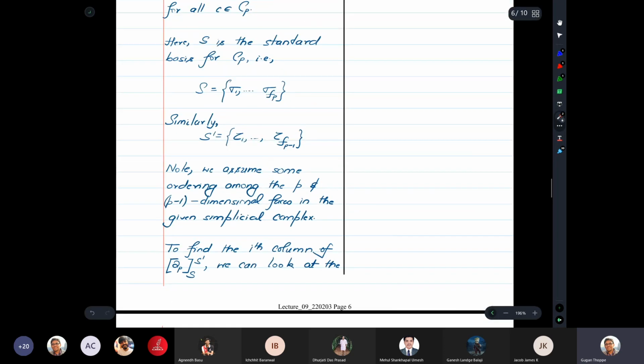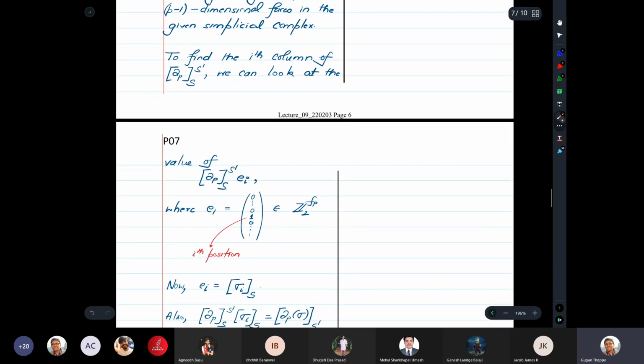All right. So now our goal is to find this matrix, right? So in order to find this matrix, I will find the individual columns of this matrix. So I want to find the ith column of this matrix. So I hope you agree that if I give you a matrix, let's say its columns are C1 all the way up till Cm, and if I want to figure out what Ci is, what I can do is multiply this with the vector Ei.